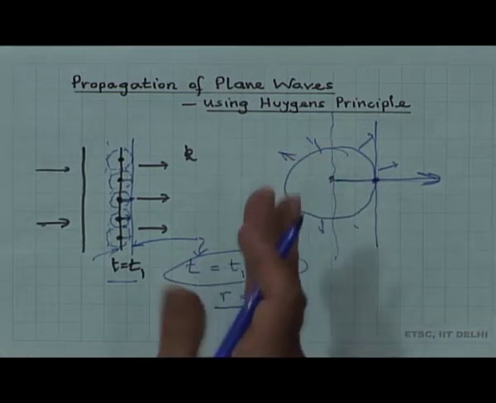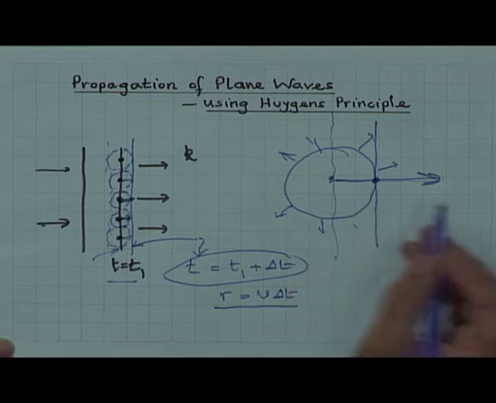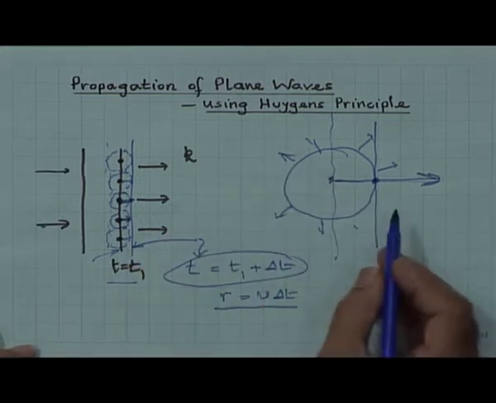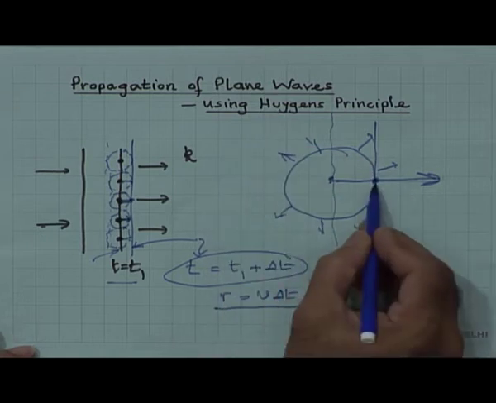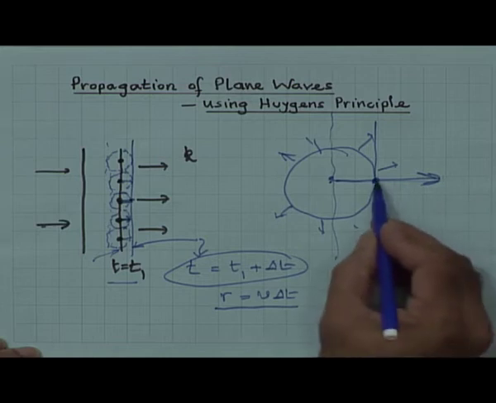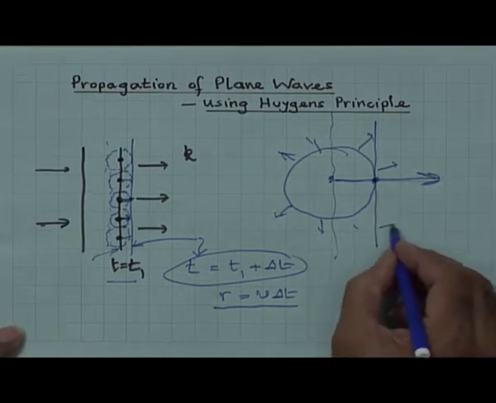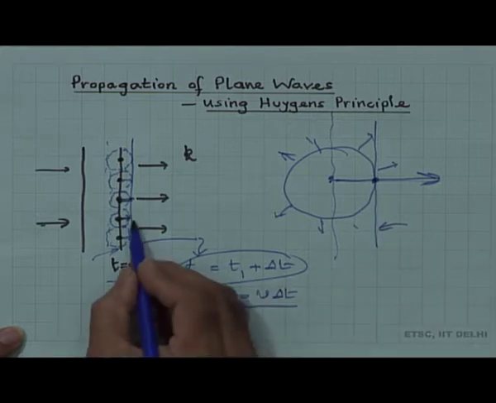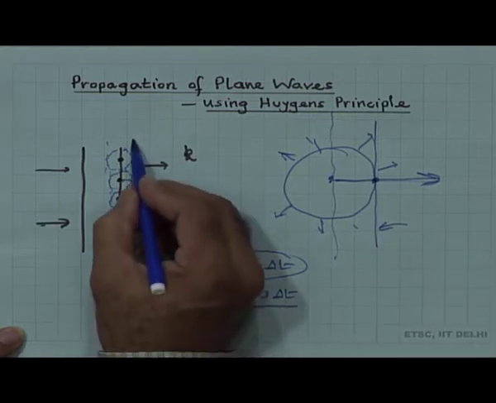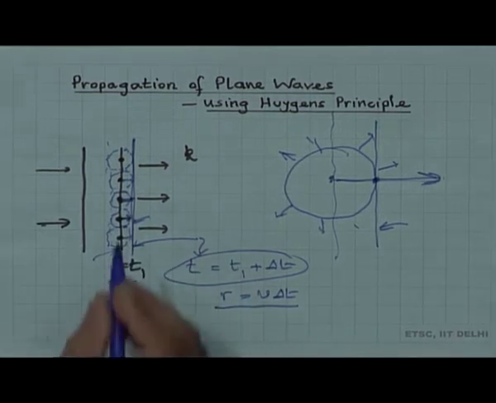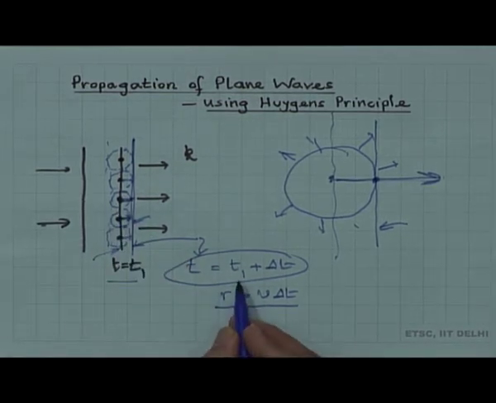This is of course Huygens' assumption to avoid the issue of backward propagation in this case, and therefore, he said that the amplitude is finite only here in the direction of propagation, and therefore, the new wavefront will be represented by this. So, here is the blue line which will represent the new wavefront at a later time t1 plus delta t.